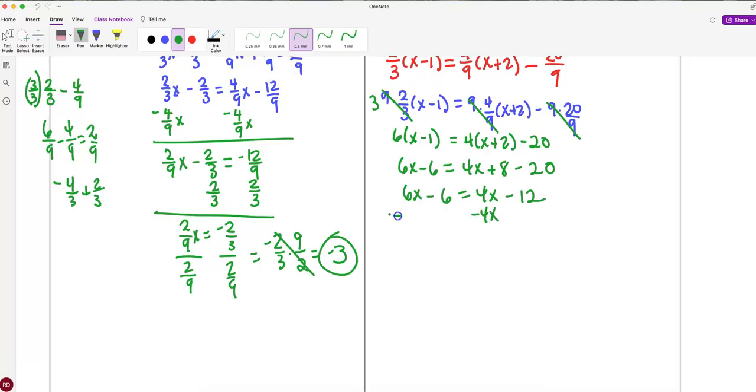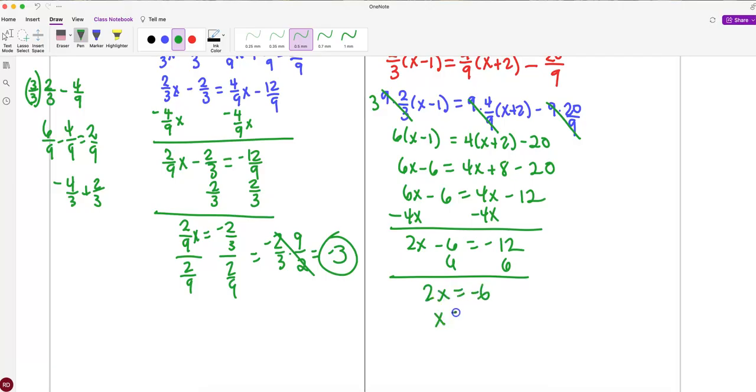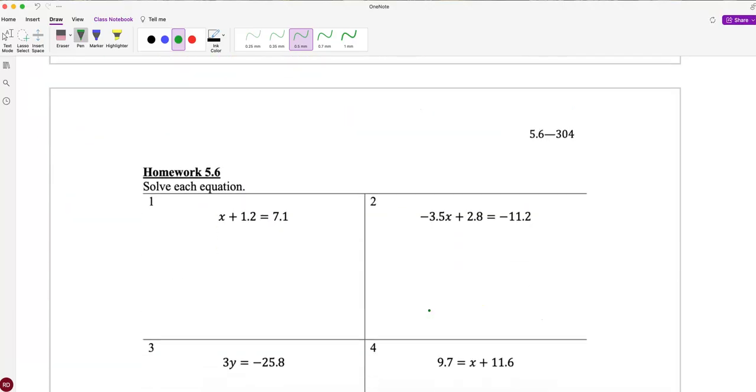Subtract 4x. So 2x minus 6 equals negative 12. Add 6 to both sides. 2x equals minus 6. x equals negative 3. And I get the same answer. Okay? That leads us up into the homework for this particular section.